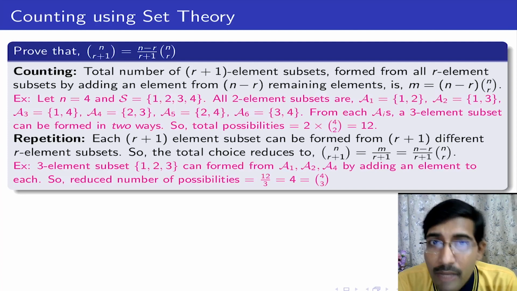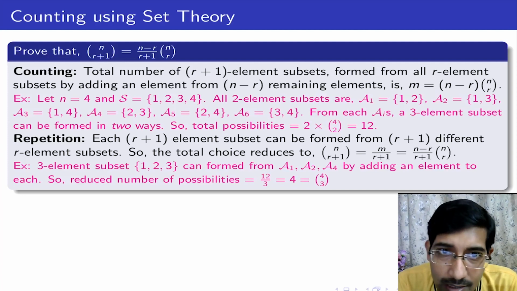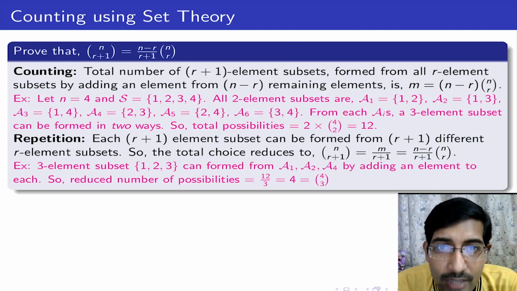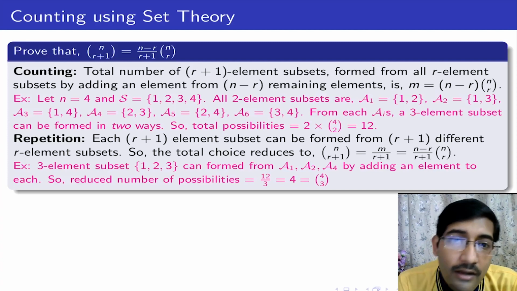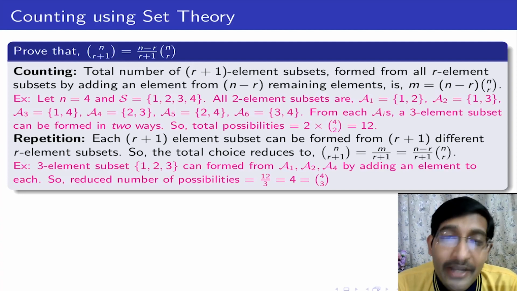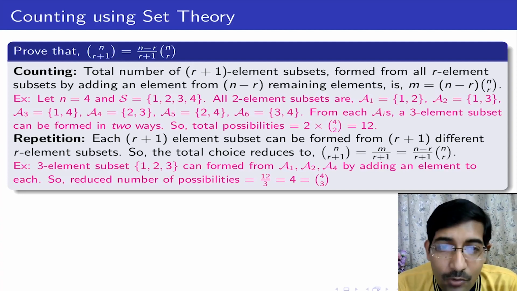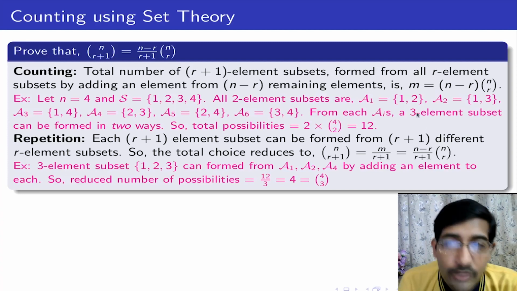So a total of (n minus R) into NCR possibilities are there. But the problem is each R plus 1 element subset can now form from R plus 1 different parents. So therefore, the same subset is repeated R plus 1 times. So I have to divide that to get the final answer. So n choose R plus 1 is equal to this form.